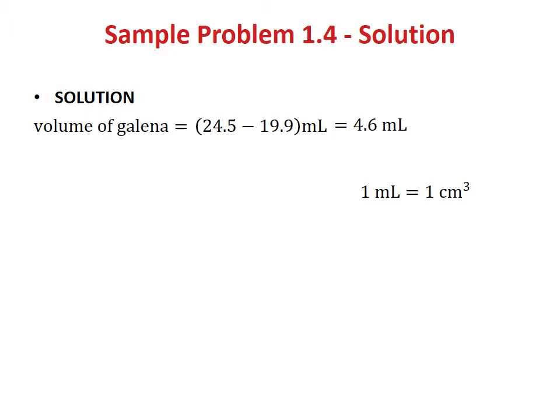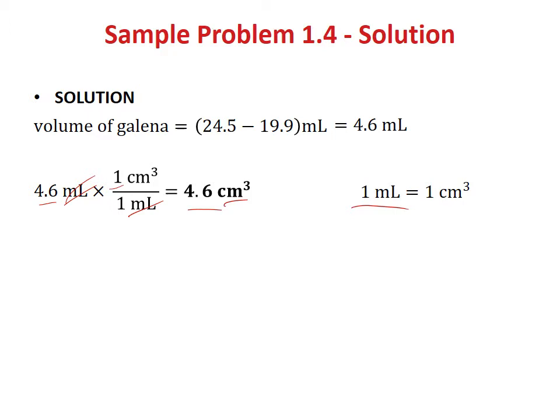So we start with 4.6 milliliter. We write a conversion factor. Since we want to cancel milliliter, 1 milliliter should be the denominator. So 1 milliliter, 1 cubic centimeter. Milliliter cancels, giving you cubic centimeter. 4.6 times 1 gives you 4.6 cubic centimeter.